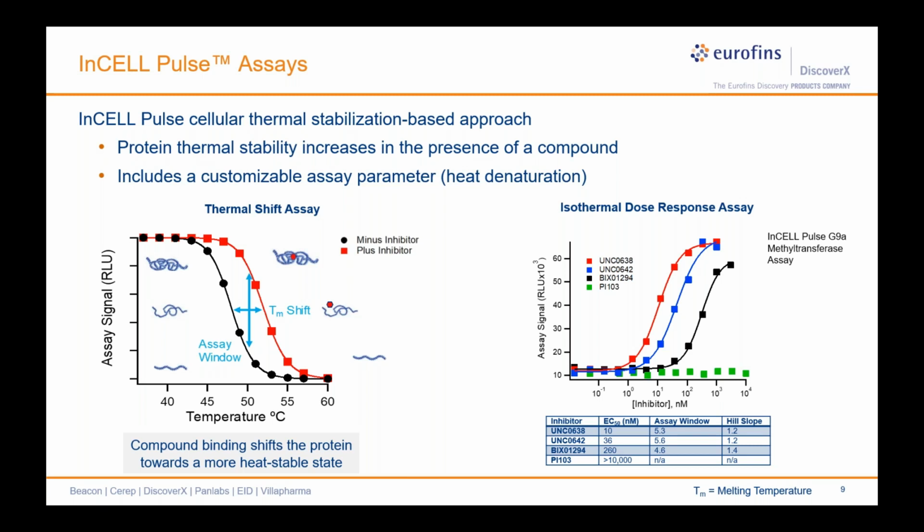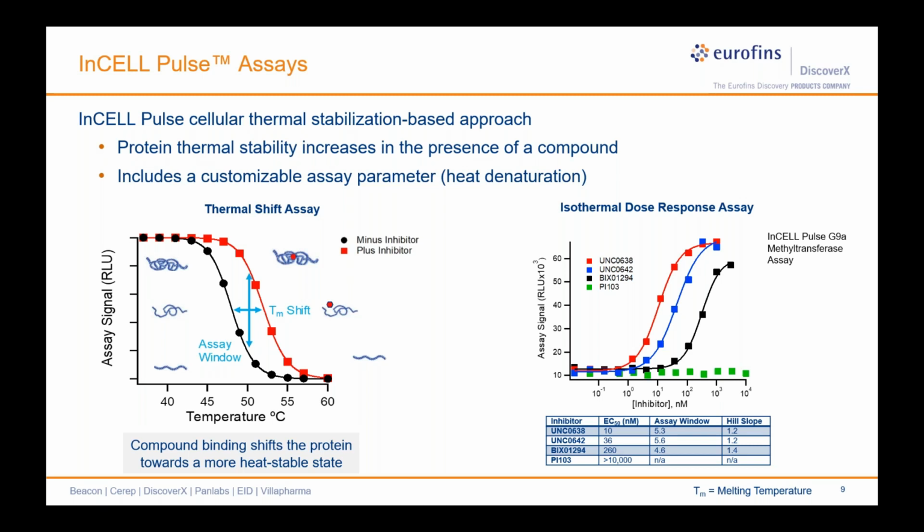And so what you can see in the black circles, in the absence of an inhibitor, as we increase the heat, our target protein, and this is hypothetical data, unfolds, denatures, and aggregates. And as that happens, the assay signal decreases.